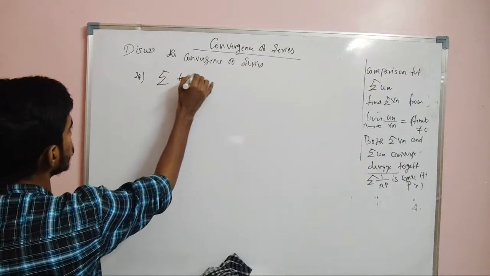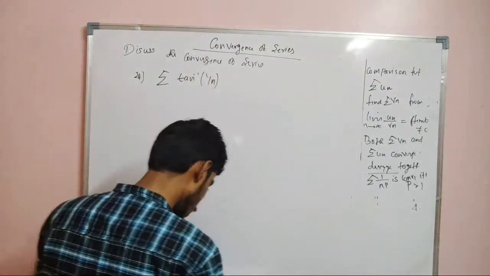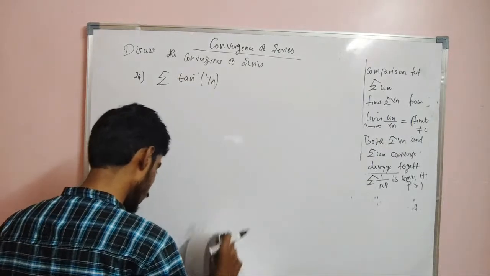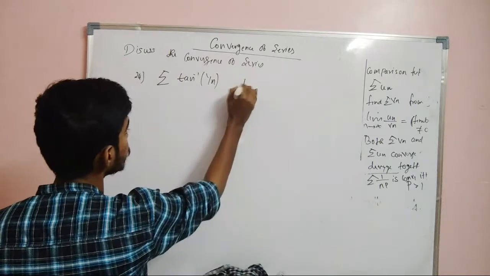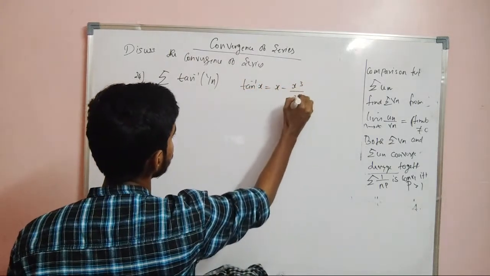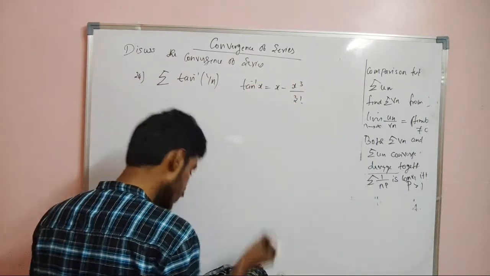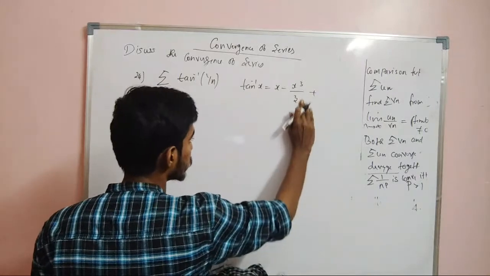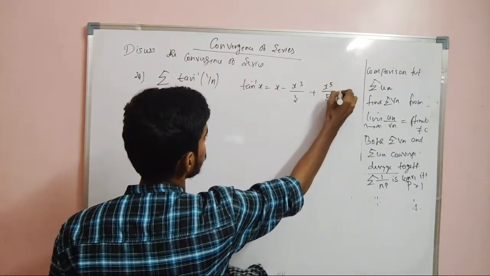Summation tan inverse 1 by n. So again you just make use of the tan inverse x formula. So what is tan inverse x? Tan inverse x is x minus x cube by 3 plus x power 5 by 5 and so on.